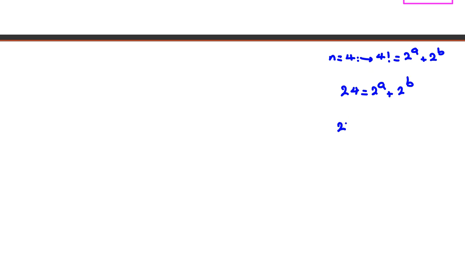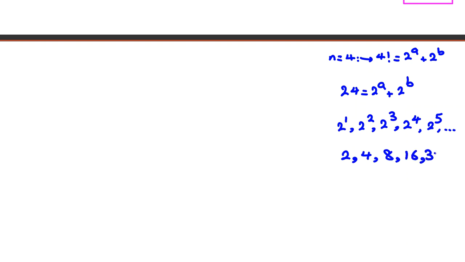The powers of 2 are 2, 4, 8, 16, 32, and so on. 2 plus what is 24? 22, and 22 is not a power of 2, so we cannot use 2. 4 plus 20? 20 is not a power of 2, we cannot use it. 8 plus what is 24? 16.